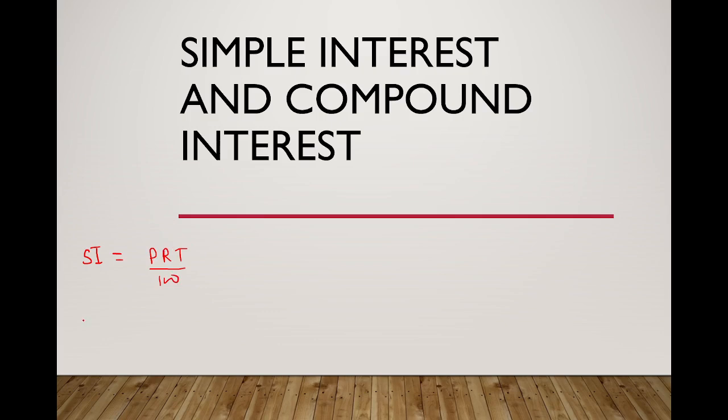Similarly, in compound interest, we get amount minus principal. The formula for amount is A equals principal times 1 plus rate of interest divided by 100, raised to the power of time. These are simple formulas we have to keep in mind while solving the problems.